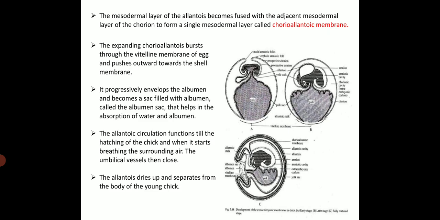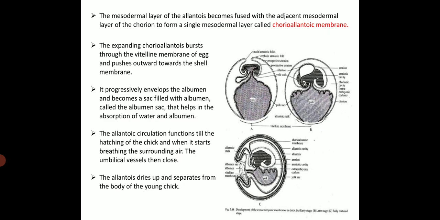When this chorioallantois expands, it bursts through the vitelline membrane of the egg and pushes the shell outwards. As it progresses, it envelopes the albumin and becomes a sac filled with albumin, which we call the albumin sac, that helps in the absorption of albumin and water.